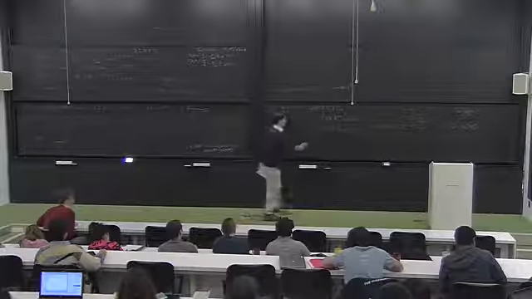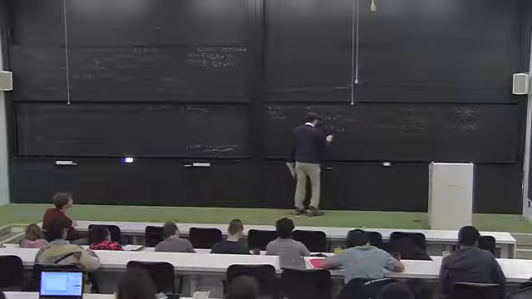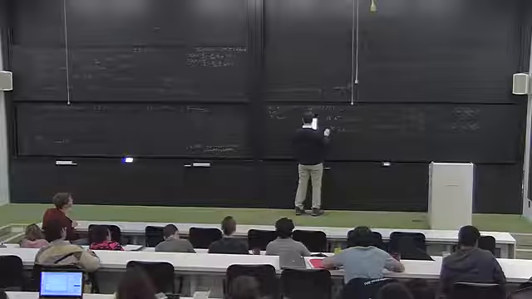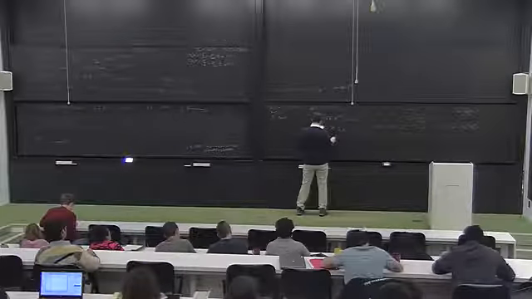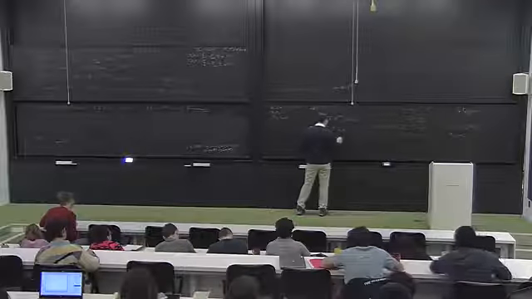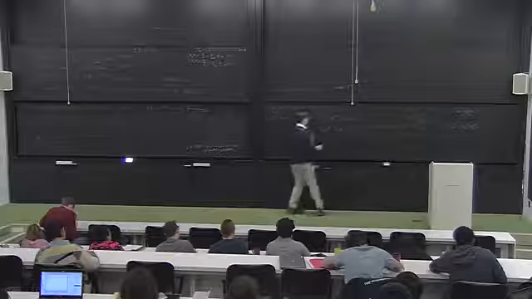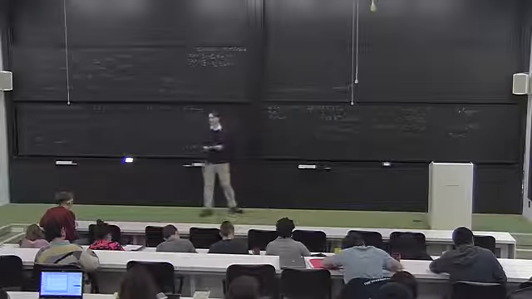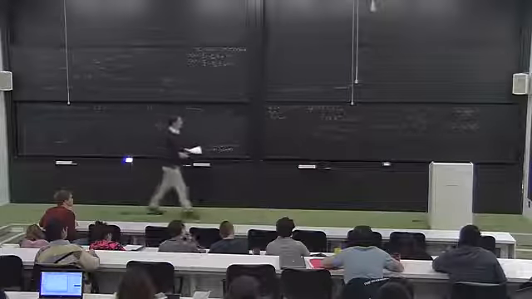So in particular, T_SS or T_ZZ is, let me keep track of some sign, classically minus ∂X ∂X.